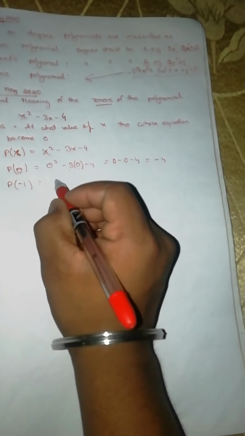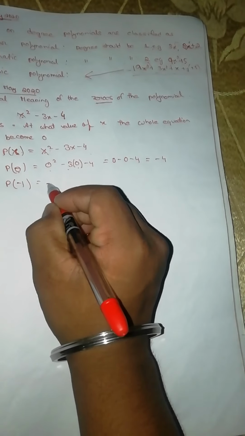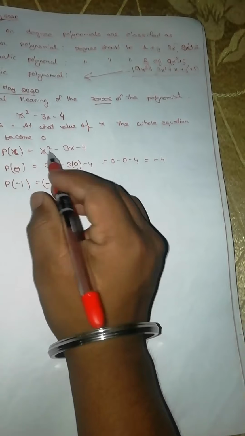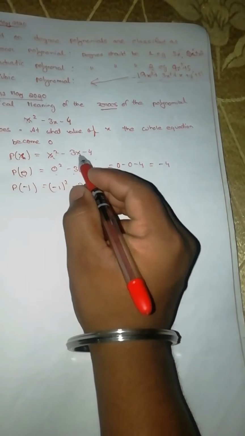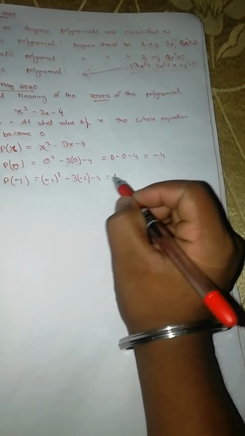If we take minus 1, what solution do we get? In place of x we put minus 1, so minus 1 whole square, then 3 into minus 1, and minus 4. Let's solve. Minus 1 whole square is plus 1.